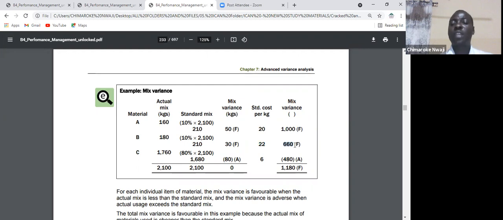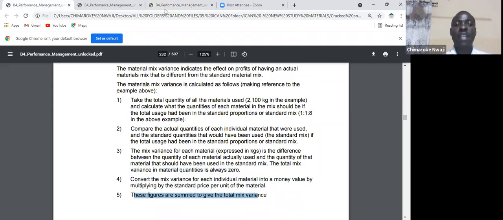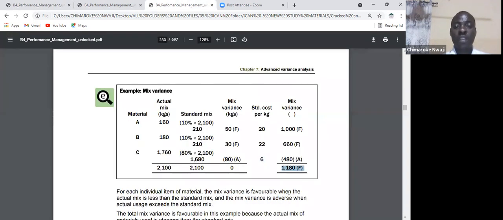That gives you 660 naira favorable. 80 kilogram adverse, multiplied by 6, gives you 480 adverse. And so when you add 1,000 plus 660 and minus 480, it gives you 1,180 favorable. Now that is your mix variance. So we did step 4 and step 5. So that's how to calculate your mix variance.